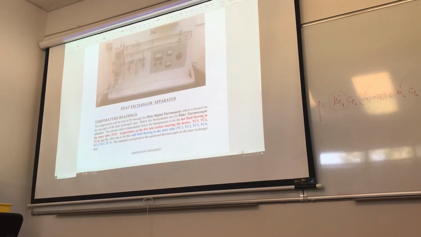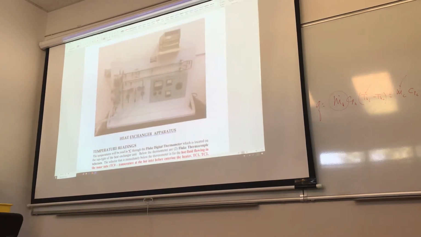So this is the heat exchanger apparatus, and of course we'll have a great chance to look at it when we are there. You see this bunch of valves in here. You see 2 hoses coming in, right? One is for the hot fluid.